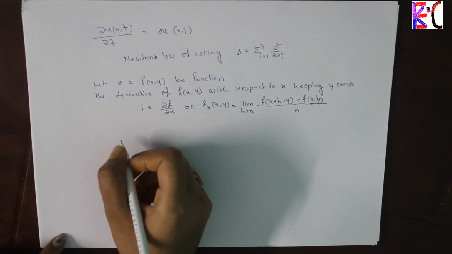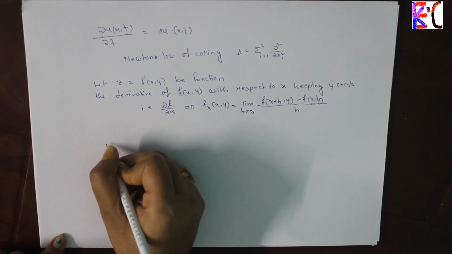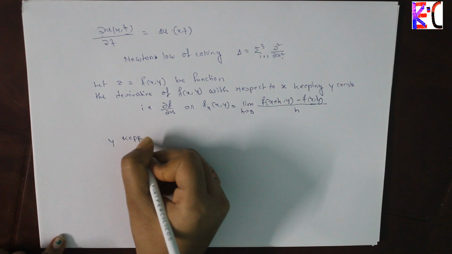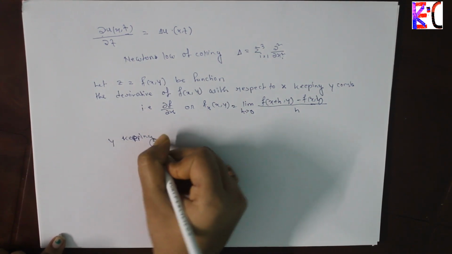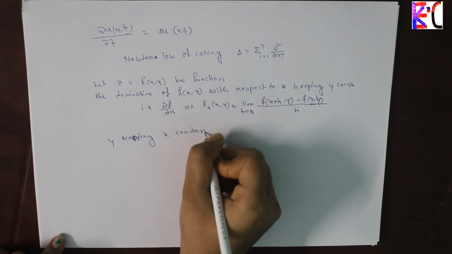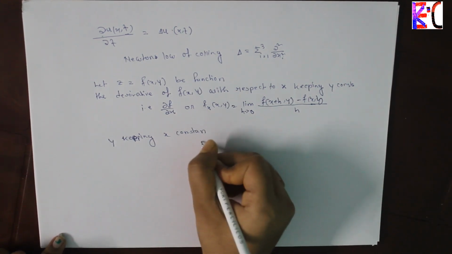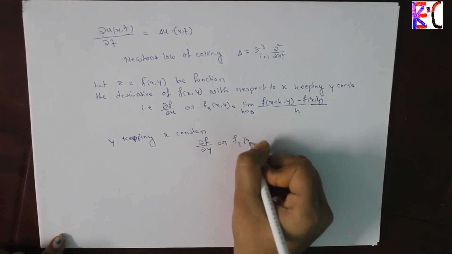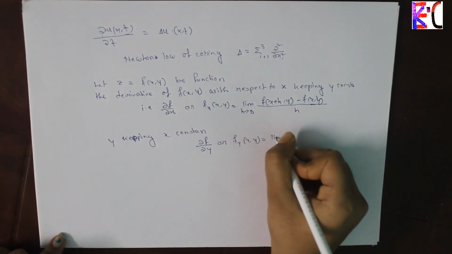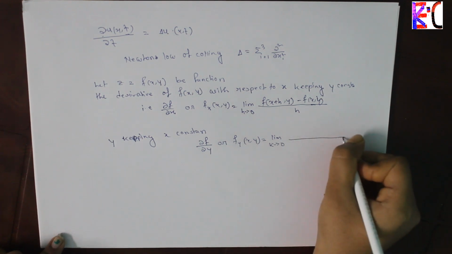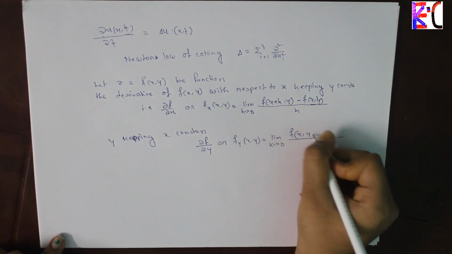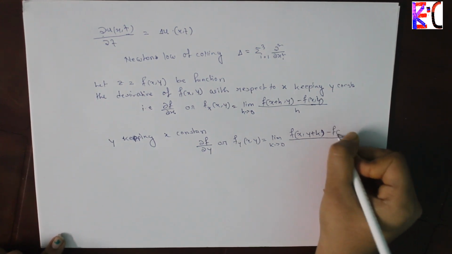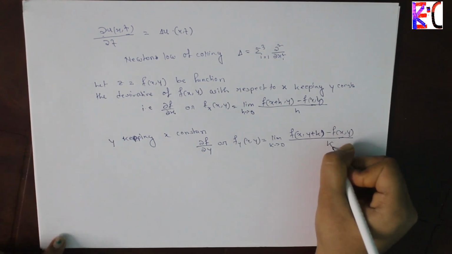Similarly, the derivative of f of x, y with respect to y, keeping x constant, is del f del y, which equals the limit k tends to 0 of f of x comma y plus k minus f of x, y, by k.